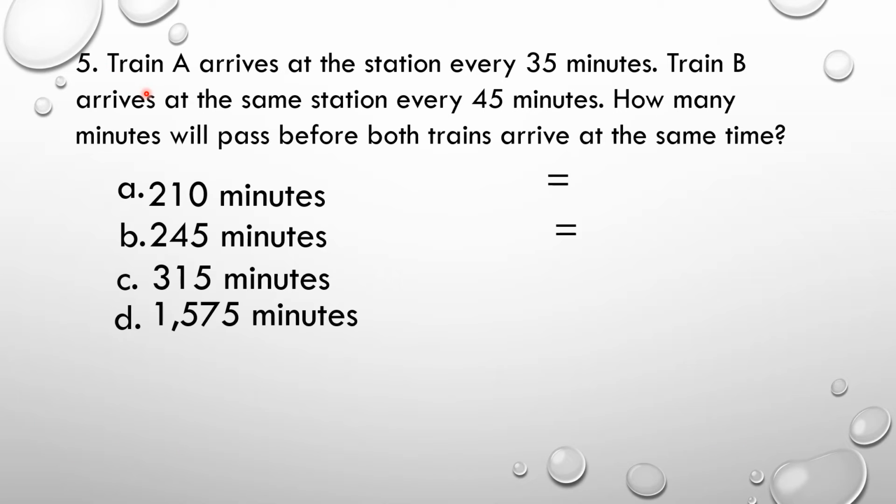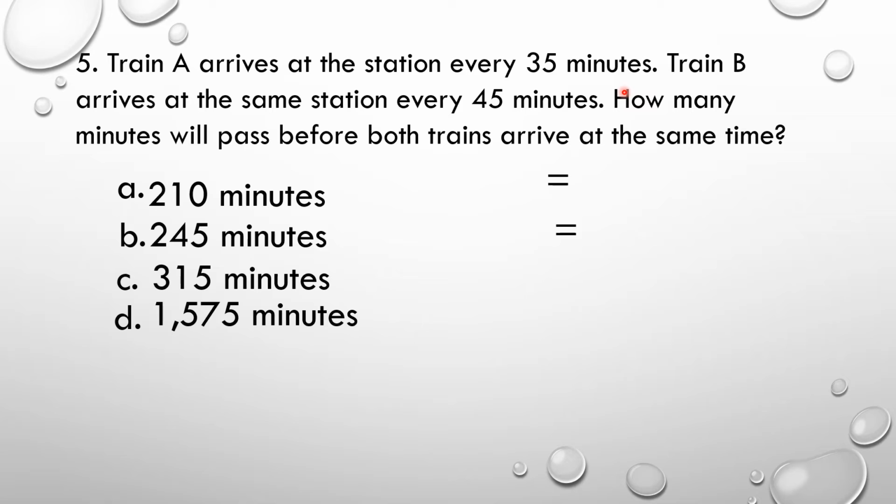Here, another example. Train A arrives at the same station every 35 minutes. Train B arrives at the same station every 45 minutes. How many minutes will pass before both trains arrive at the same time? Okay, look at the problem. This is an example of least common multiple problems. Every 35 minutes. It means the next is 70 minutes.